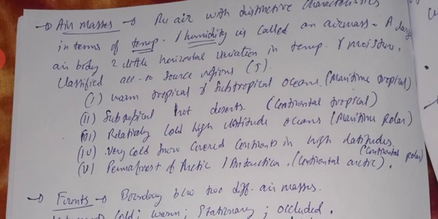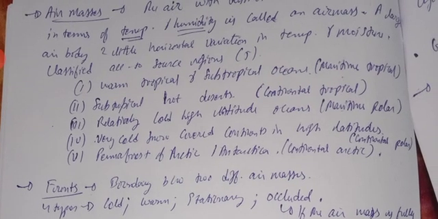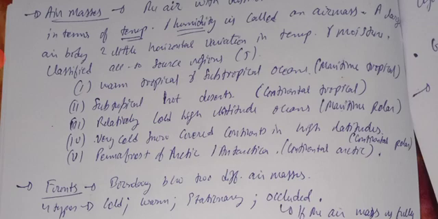Air masses are classified according to their sources of origin, or source regions. They are generally of five types. First, warm tropical and subtropical oceans, in maritime tropical areas. Second, subtropical hot deserts, in continental tropical.